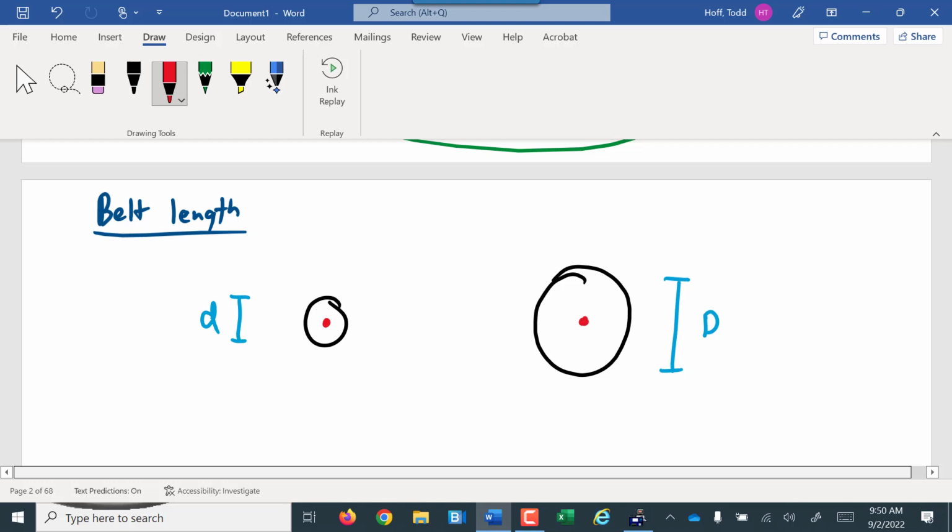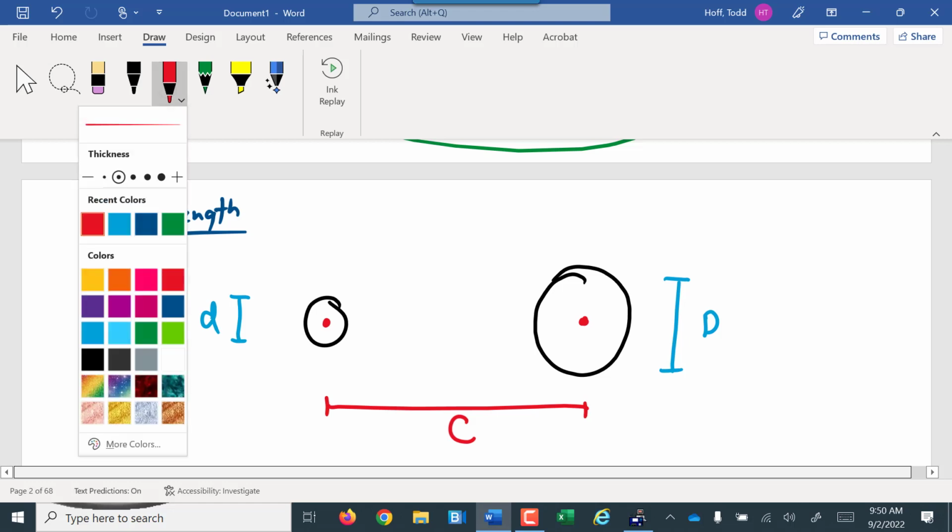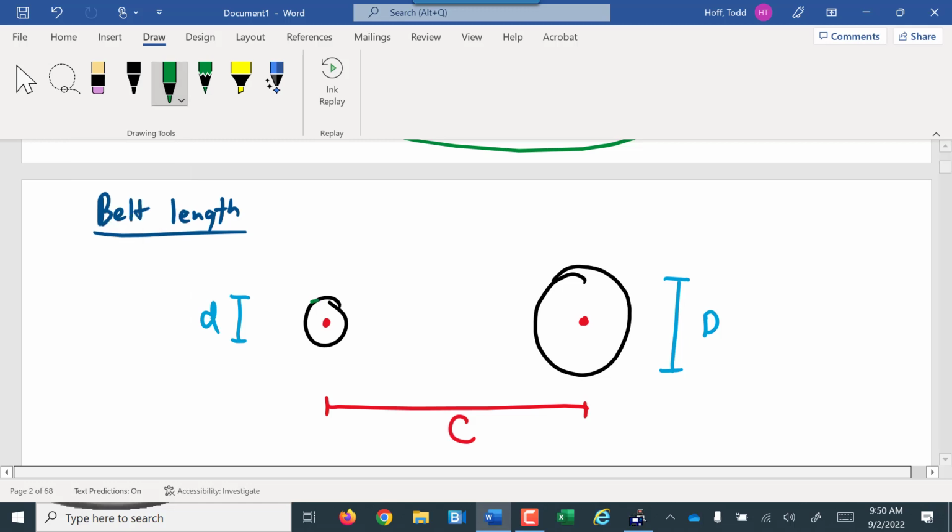And then we measure center of shaft to center of shaft from one pulley to the next, which we're going to label L. Actually, we'll label it C for this formula. Some of the formulas in your textbook call it L, some call it C. This one they use C for center to center. And so we're looking for the length of this belt that approximately wraps around the two pulleys.